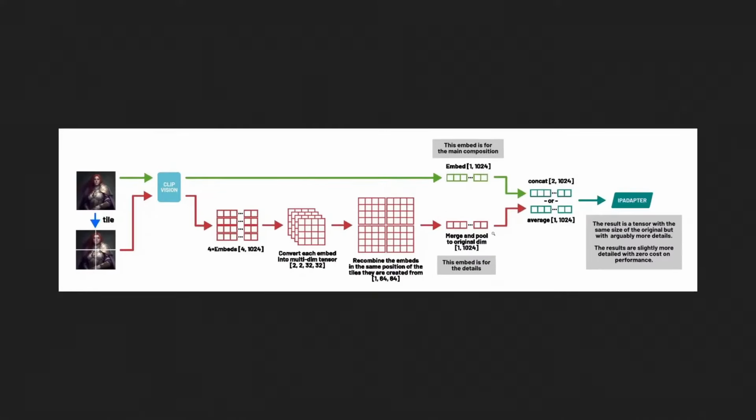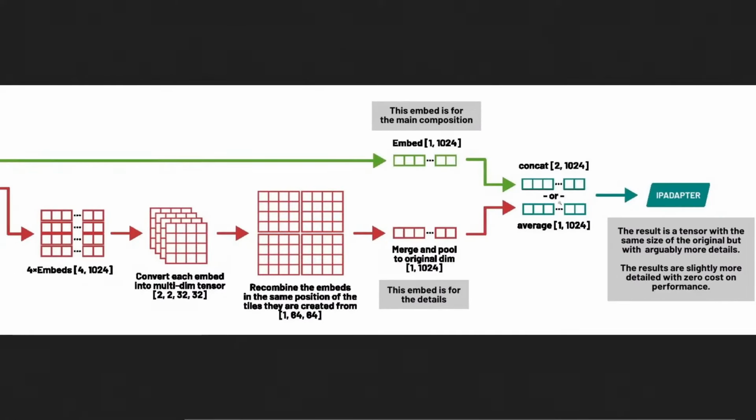One last important thing is that these two final embeds, the one for the composition and the one for the details, can be either concatenated, so I can send them one after the other to the IPAdapter, and so the whole information is kept intact, or I can average these two embeds.